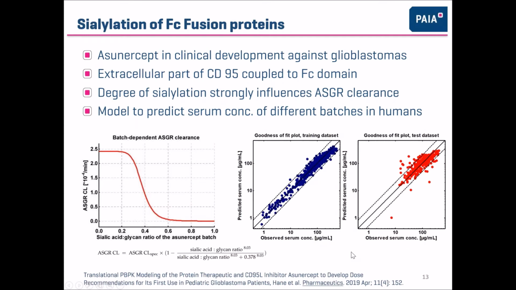So that's a nice tool to not only predict the serum concentrations later on of the different batches of this product, but also derive dose recommendations for clinical trials. In this case, they reported dose recommendations for children. So that's one Fc fusion protein where we've seen a very strong effect of sialylation.